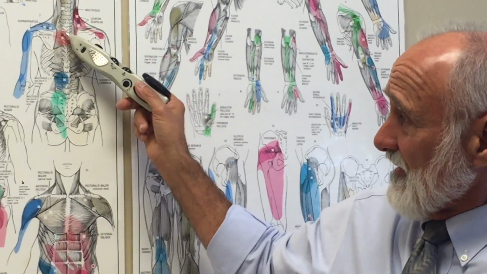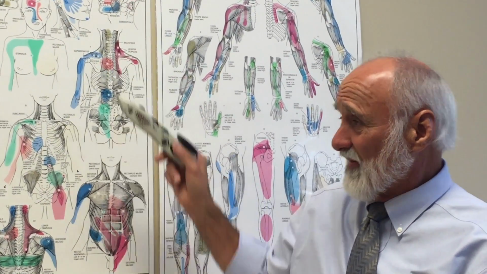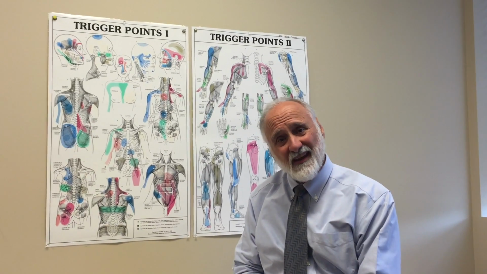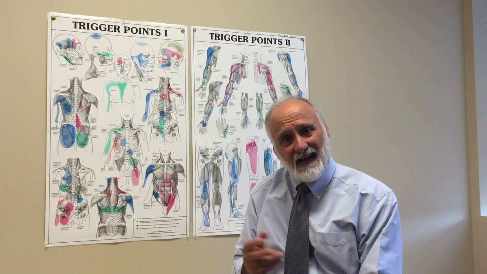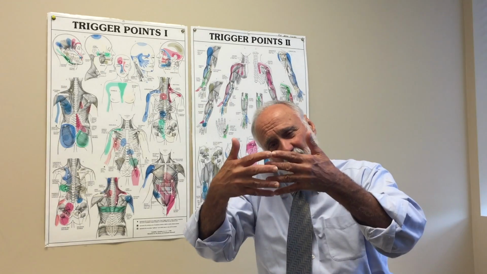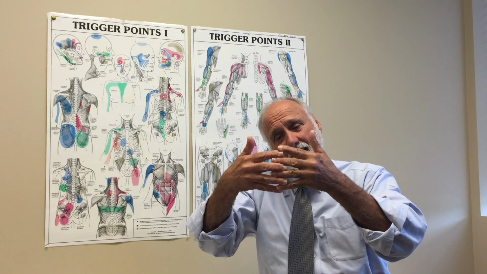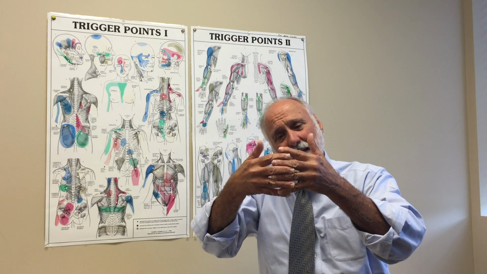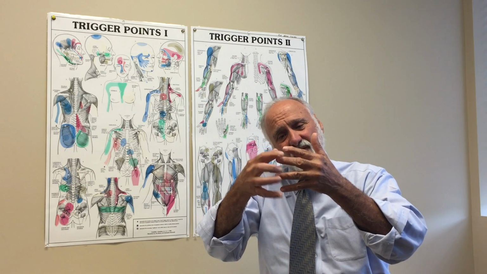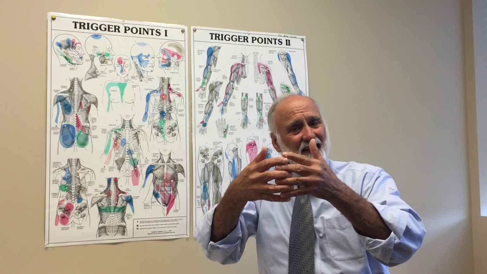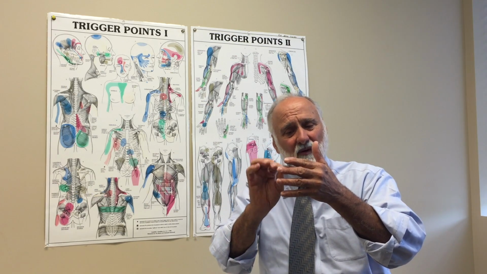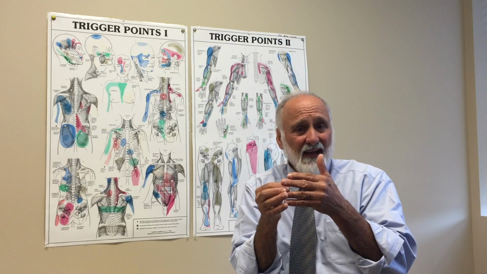The reason these trigger points develop in the first place typically is because there's an increase in lactic acid in the muscles, and the muscles themselves tighten up to protect themselves. The fibers overlap, and then they start developing these trigger points. But when you biopsy those trigger points, we don't really find anything.